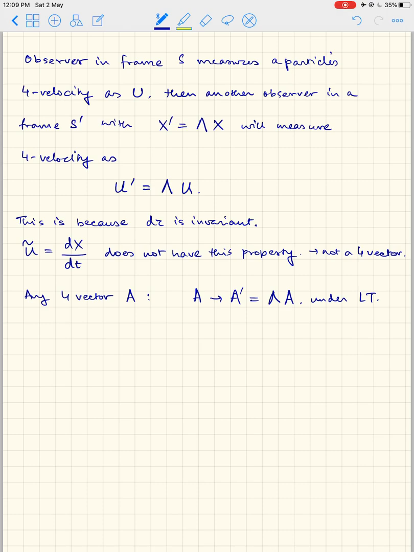We will not really go into this so much, but let me just show you that if you have momentum, P is m into u, and so P can be written as E over c into the P 3 vector, where E is given by m gamma c squared. So this is the energy of the particle.